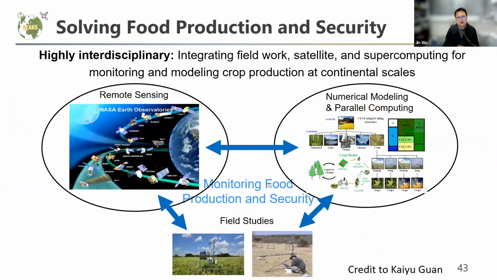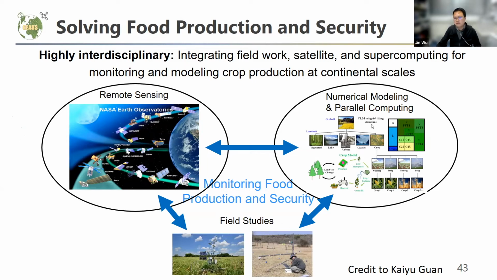And lastly, if we want to solve the food security problem, it is highly interdisciplinary. It not only needs remote sensing support, it also needs a lot of field knowledge and also genome and biological knowledge.